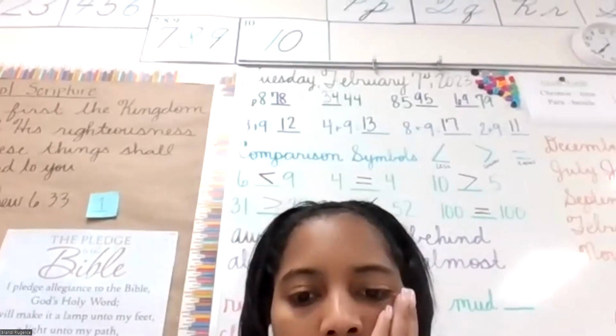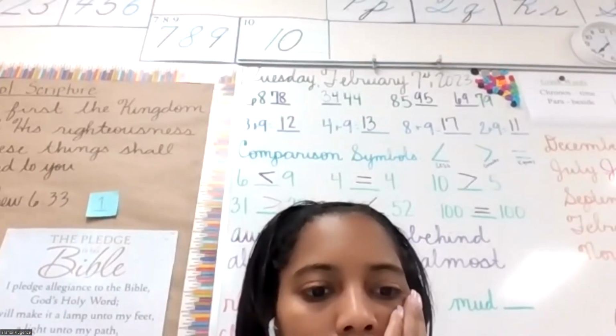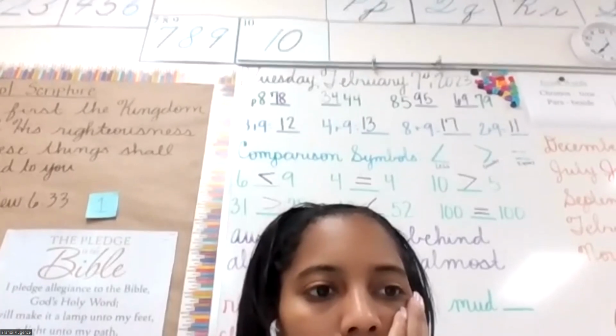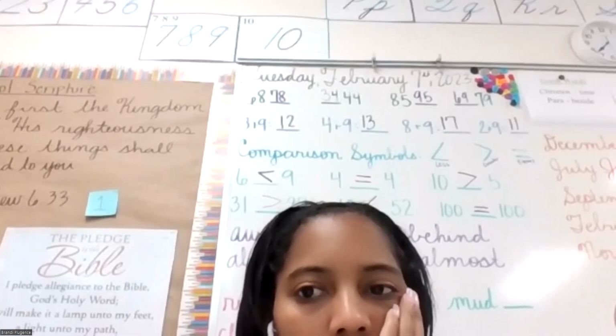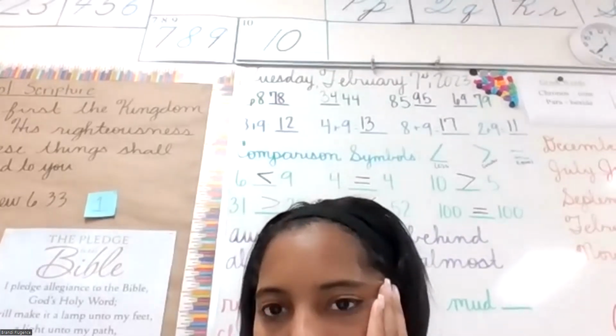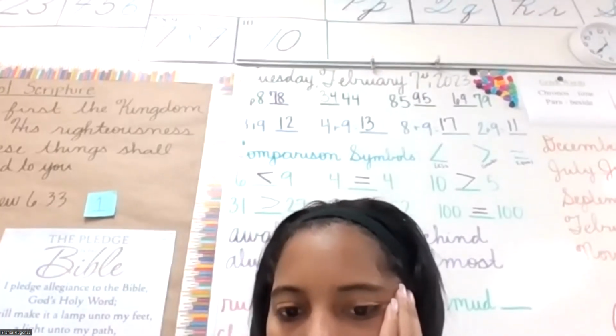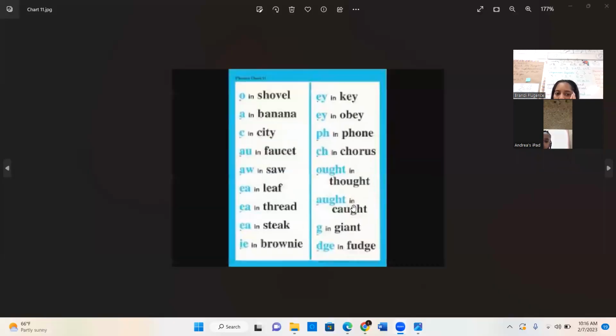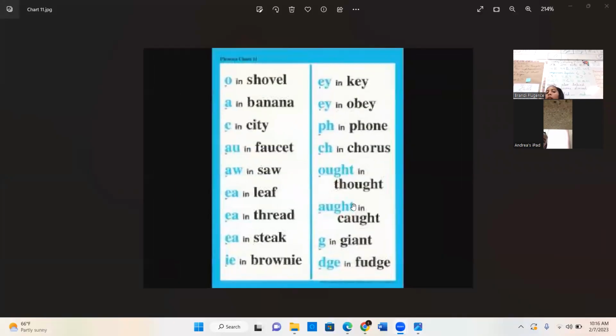All right, let's go ahead and look at chart 11. All right, let's begin. O says elbow. C says in city. AU says off in faucet.